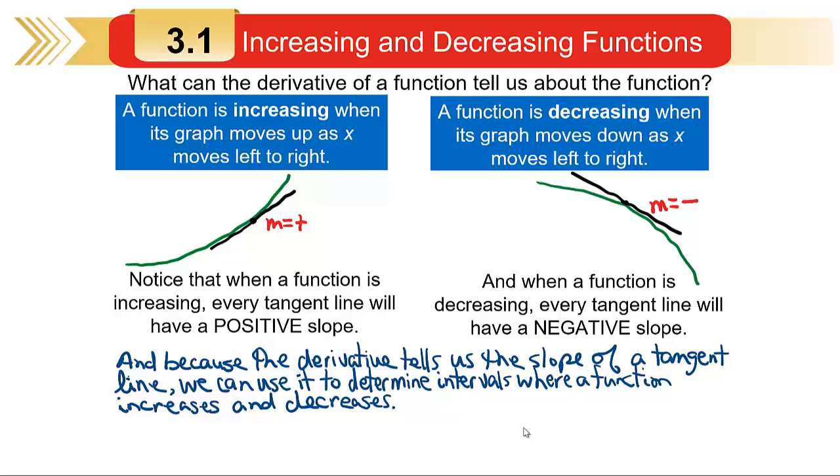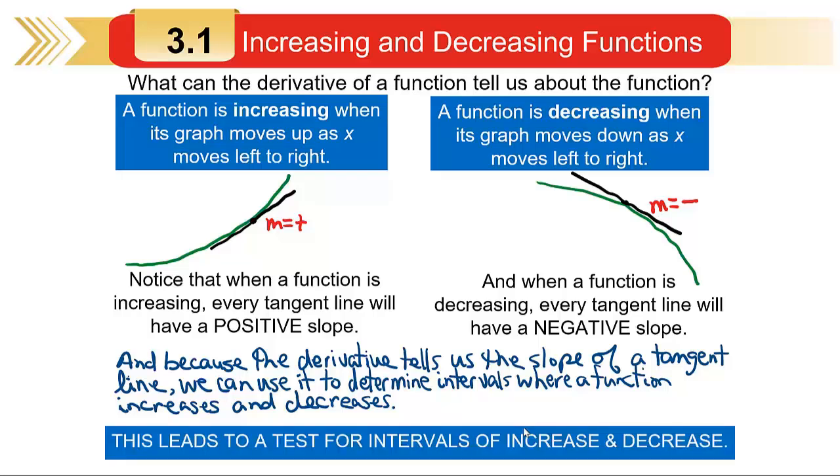That means that we can use the derivative to determine intervals for a generic function where that function is increasing and decreasing. This is very important. It's a very important technique, and that is the main goal of this lesson, to become familiar with this idea and be able to implement it.